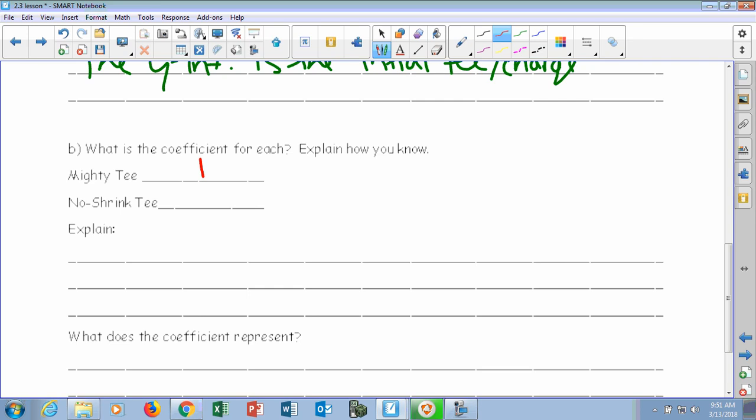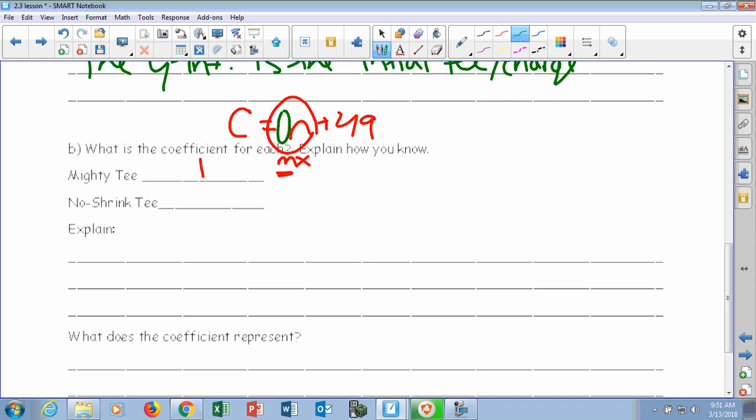So when we have the equation, this is what our equation was, Sam. We're looking for the coefficient. So we look at this, because our m is our coefficient. Well, right here, we don't have anything in place of our m. Since there's nothing there, we assume that it's a 1. Mason, you have a question?